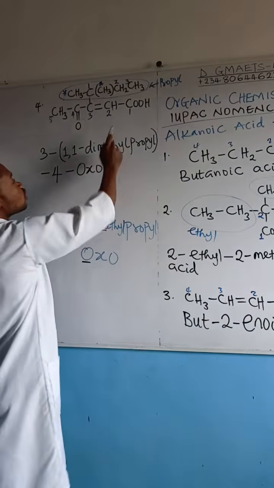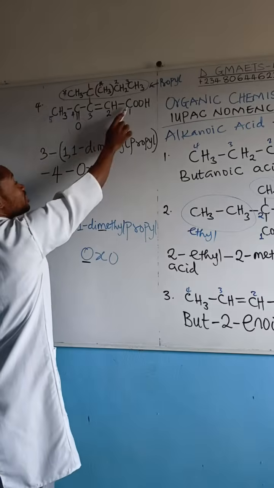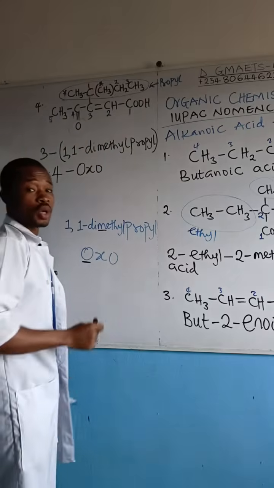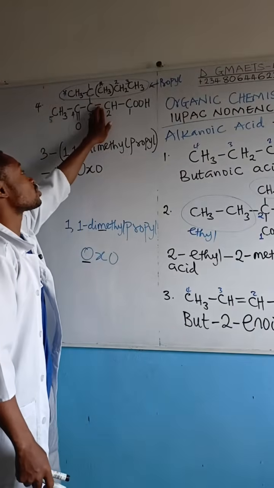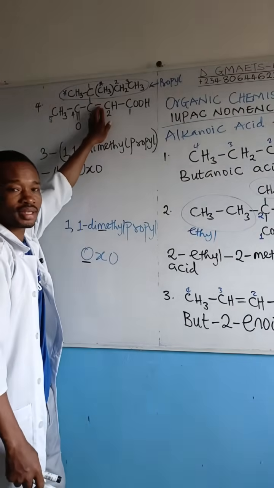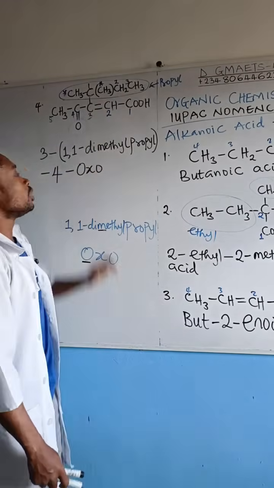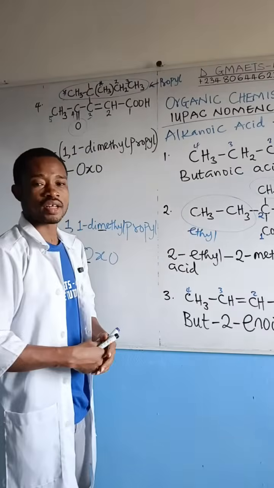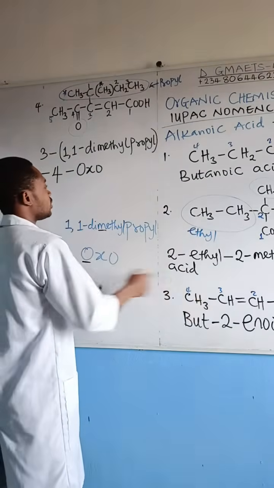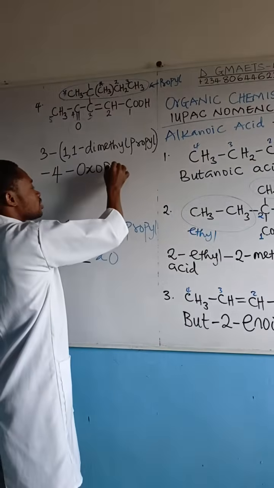But take note that within the parent carbon skeleton, you have a double bond somewhere. If there is no double bond here, this could have been something like pentanoic acid. But because of the double bond, you have to break that pent from the ending part, the suffix. So just like we did here, this is going to be pent.